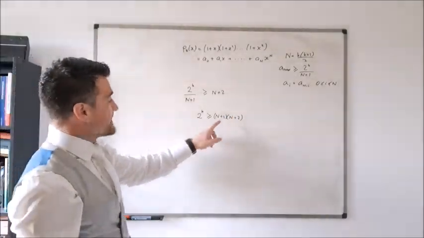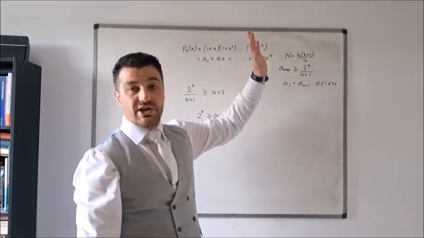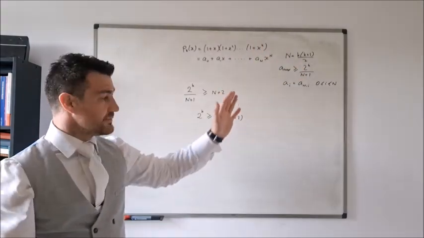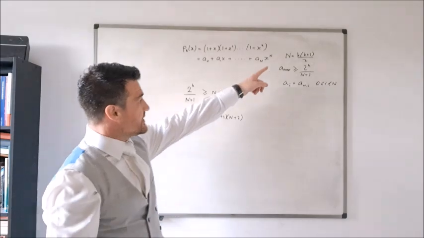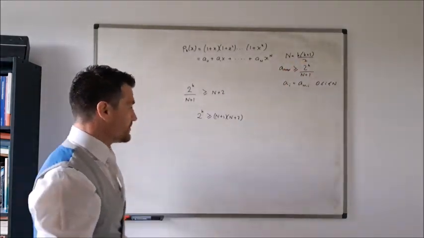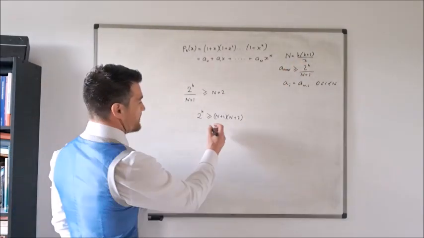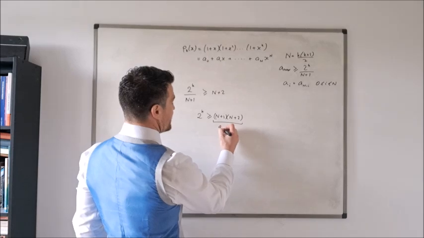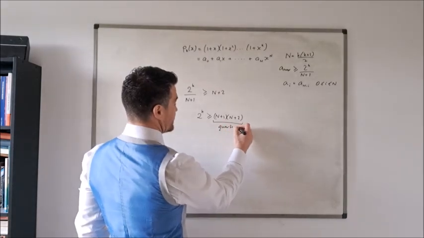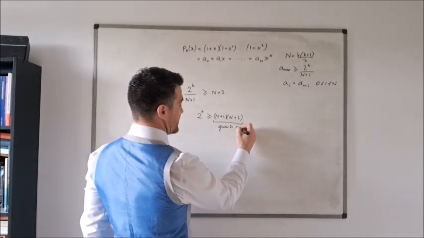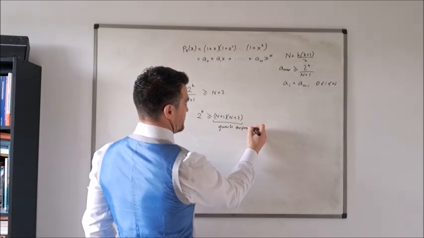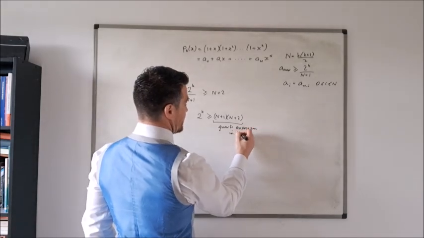And then I thought, hang on a second, we know what n is in terms of k. n is equal to k(k+1)/2. So what is this going to be? This is going to effectively be a quartic expression in k.